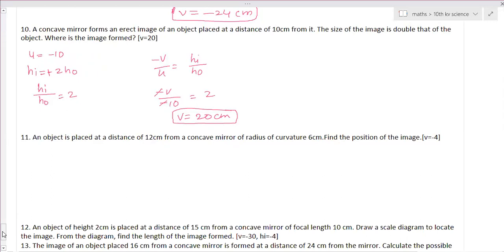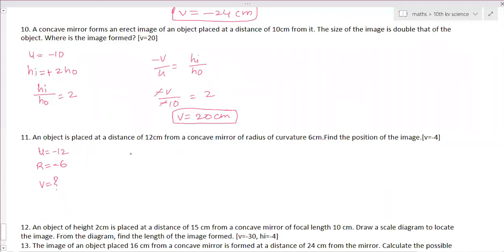Medha, next question. Ma'am, U is minus 12. Okay. Radius of curvature is 6. Position of image, V you have to calculate. So radius plus or minus?